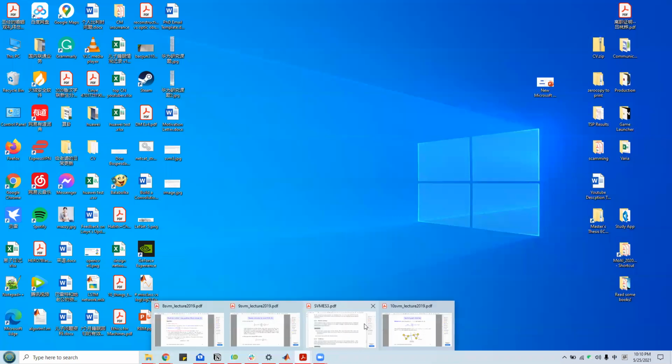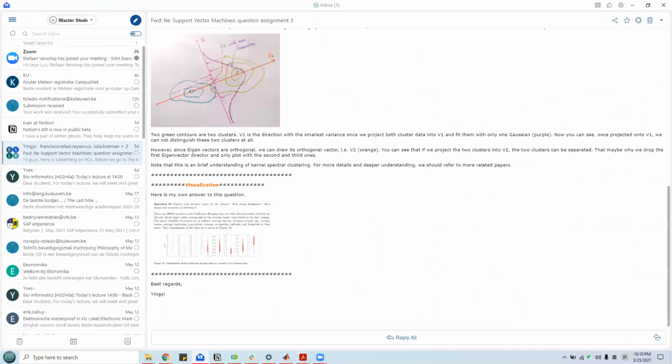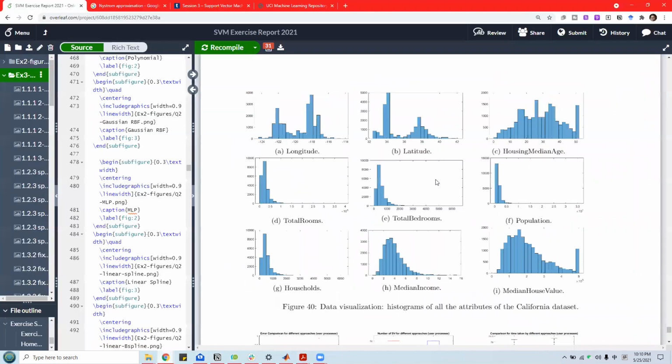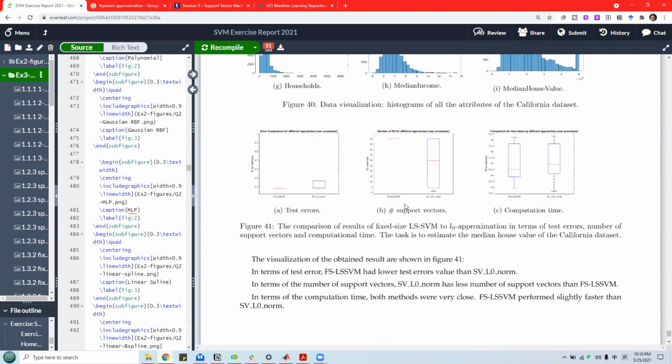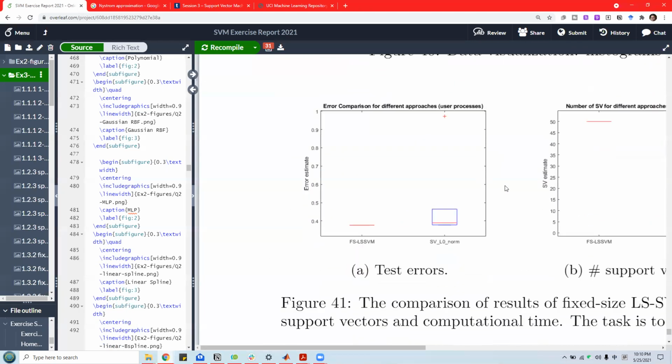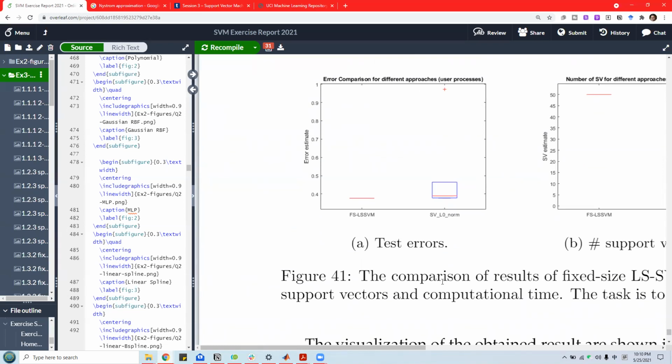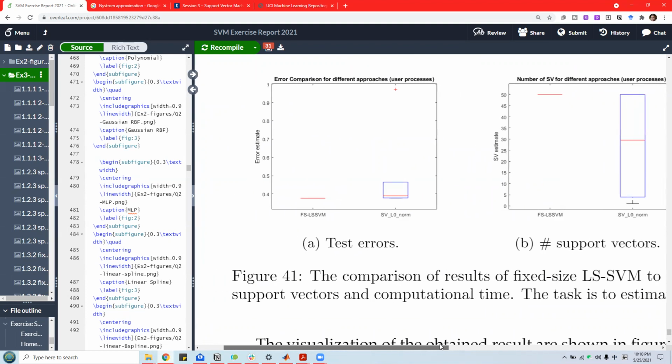Next, let's verify the running of that script. Let me check. Now you have much more data; I think you can say this is a large problem now. Here you can see that the LS-SVM tends to have a smaller test error than this one.